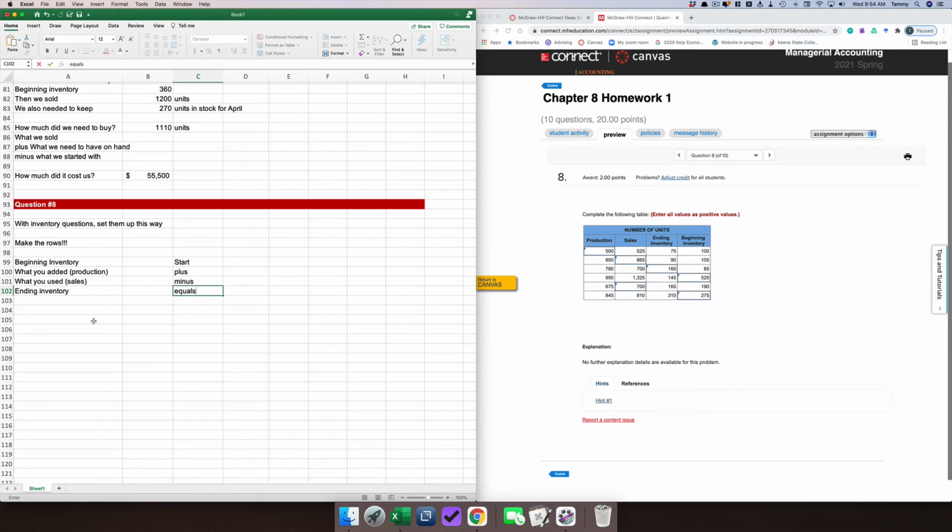Now, let me lay that out in a row so that you can see how the equation works. Actually, I'll take that out. That's probably not all that clear. So the beginning plus production minus sales equals ending.